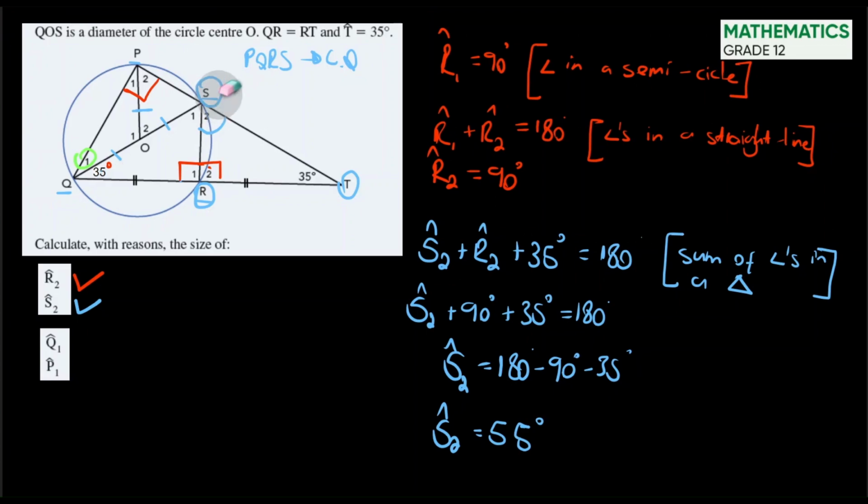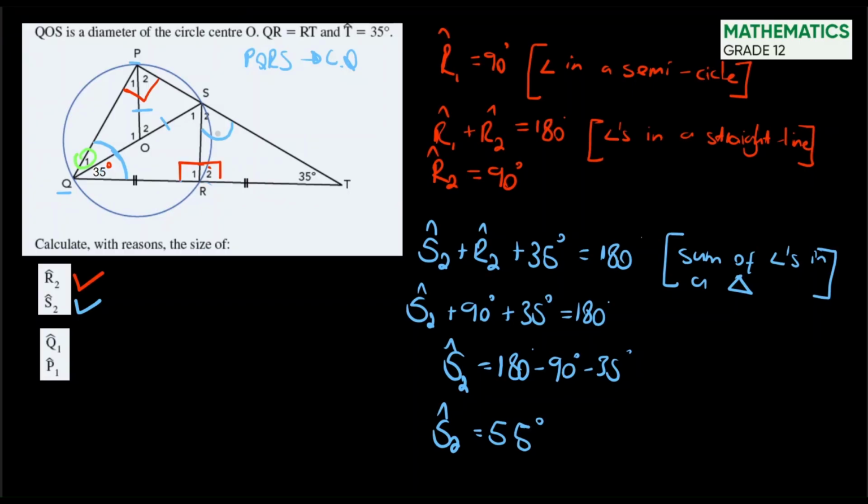Go back to our diagram and analyze it even closer. Earlier on, we mentioned that PQRS is a cyclic quad. If you look closely, if this is a cyclic quad, it means this angle here, Q1 plus 35, should be equal to the angle on the outside, the exterior angle.